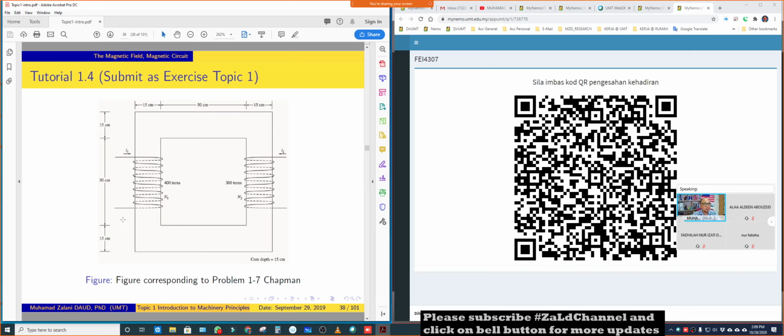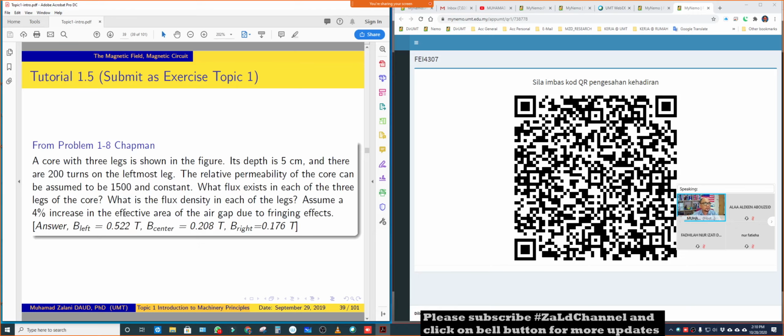This is a bit high level of assessment, or high level of PLO, right? Rubric, which is the higher level will be cognitive level 3 or 4 for this one.